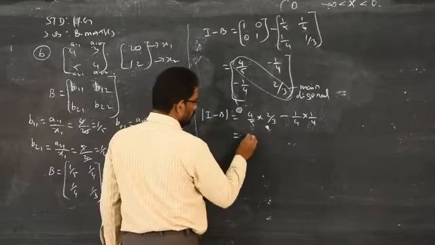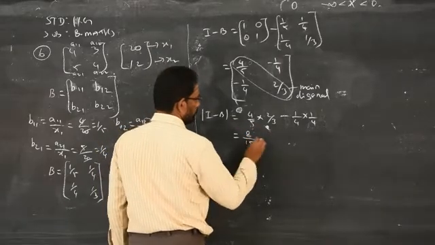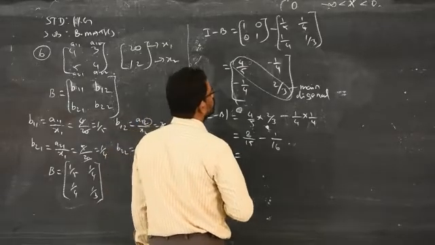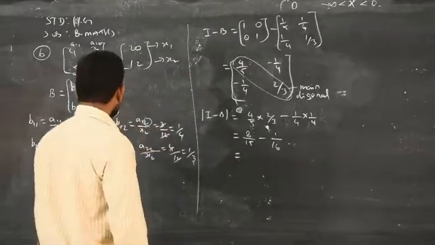So 4 2s are 8 by 15, 1 by 16. Multiply these two.